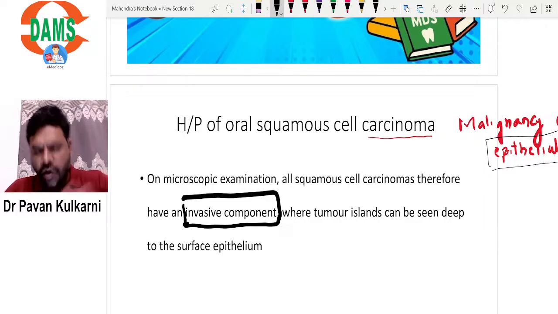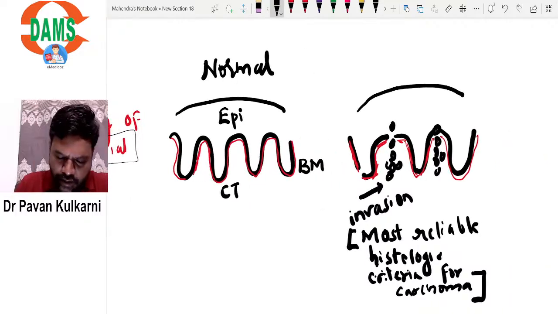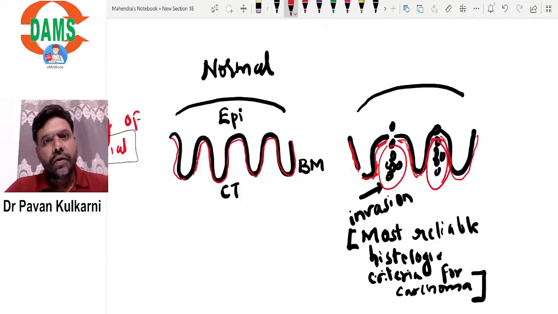What do you mean by invasive component? This is what we have discussed now. What I am highlighting with the red mark is an invasive component. That is a part of the epithelium that has entered into the connective tissue. That we call the invasive component.